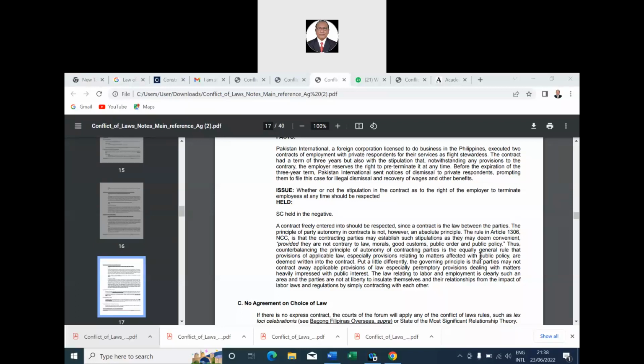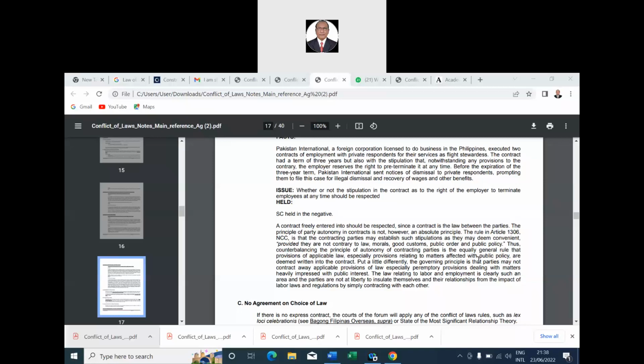Thus, counterbalancing the principle of autonomy of contracting parties is the equally general rule that provisions of applicable law, especially the provisions relating to matters affecting public policy, are deemed written into the contract. So, put a little differently, the governing principle is that parties may not contract away applicable provisions of law, especially peremptory provisions dealing with matters heavily impressed with public interest.